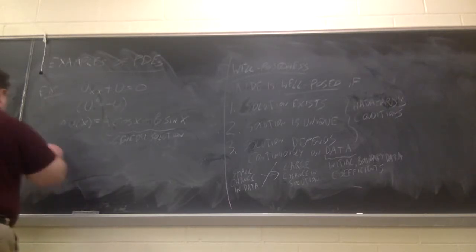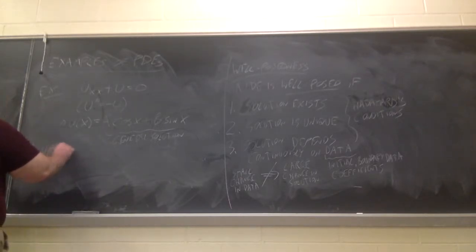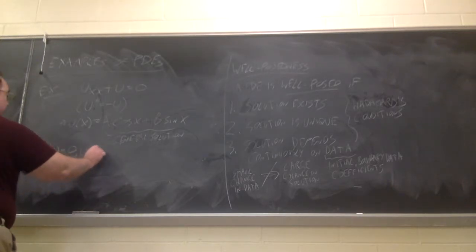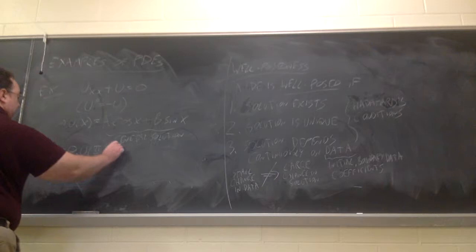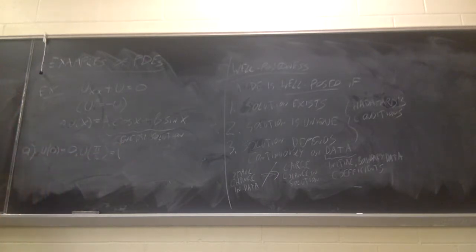So for example, let's suppose I specify that u of 0 is 0, and u of pi over 2 is equal to 1. Can anyone tell me if there's a solution, and also what it would be?